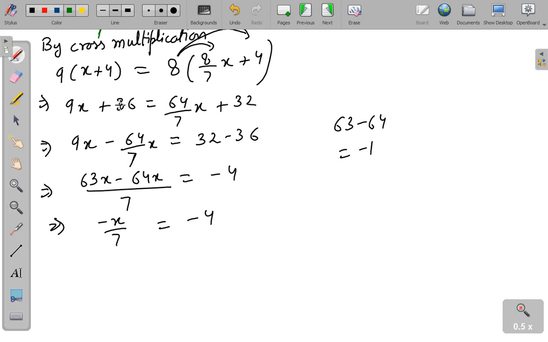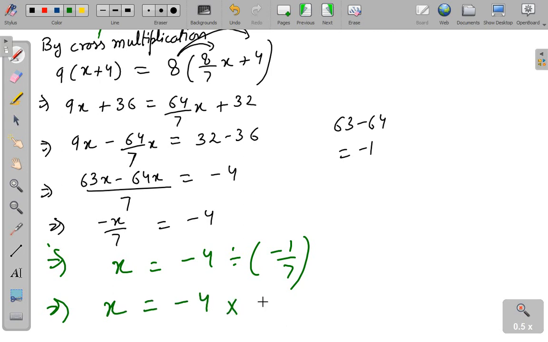On taking all the constants to the right hand side, x will be equal to minus 4 divided by minus 1/7. So x is equal to minus 4 into minus 7 upon 1. So the value of x will be 7 fours are 28.